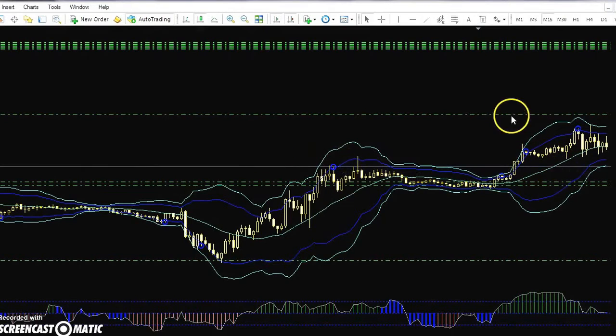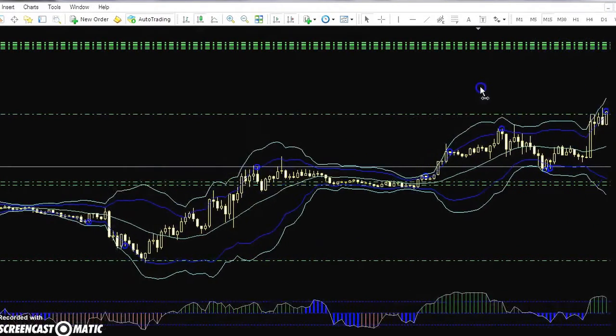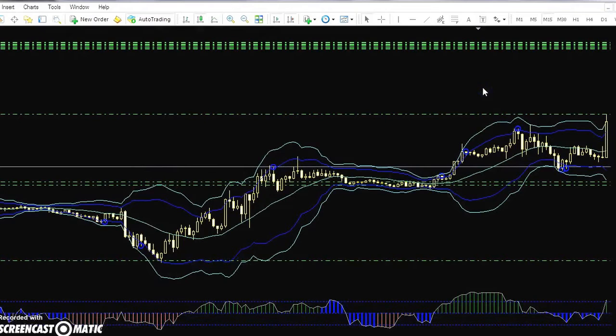I won't tell you where the bands are right now, because that's my secret. That's what the EA does. It basically calculates the best band possible given the data, and then automatically does something when you are in these zones, which I won't reveal immediately.